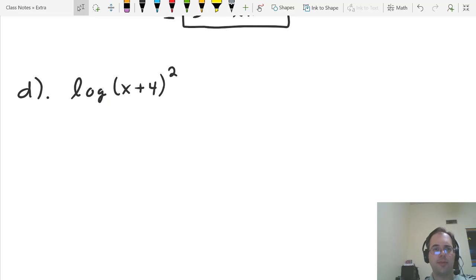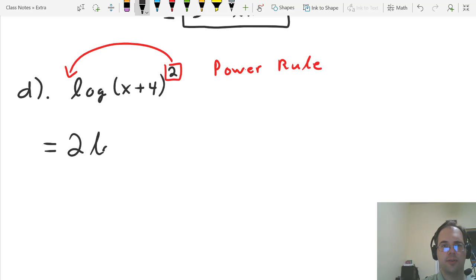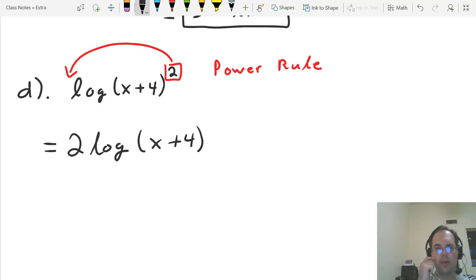Alright, now another example, we have log of x plus 4 raised to the 2nd power. Now since we have a power up here inside of the logarithm, we're going to use the power rule. The power rule says we can take this 2 and bring it out to the front of the logarithm, giving us 2 log of x plus 4.